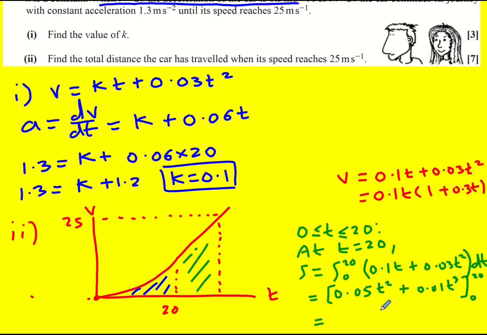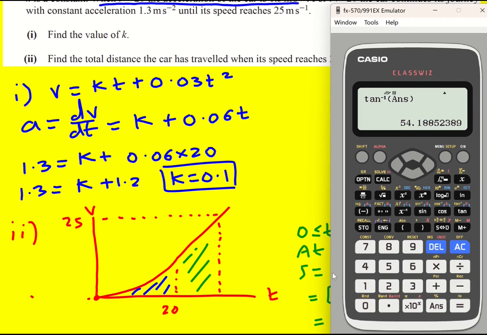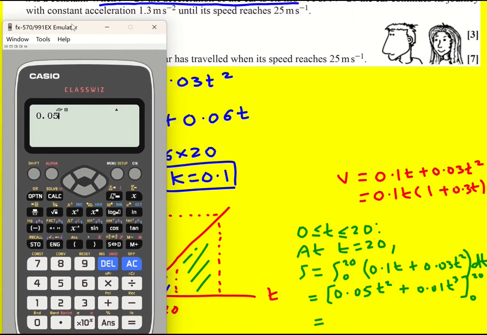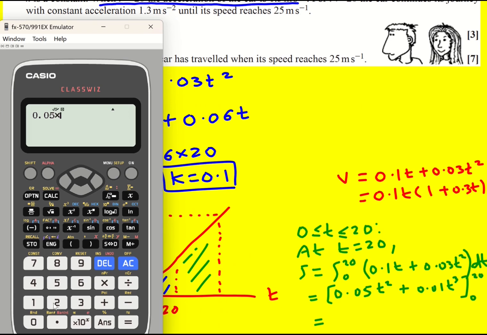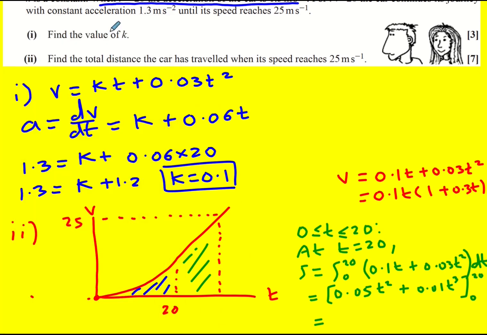And we can substitute 0 and you won't get anything, but substitute 20 in. You get 100.